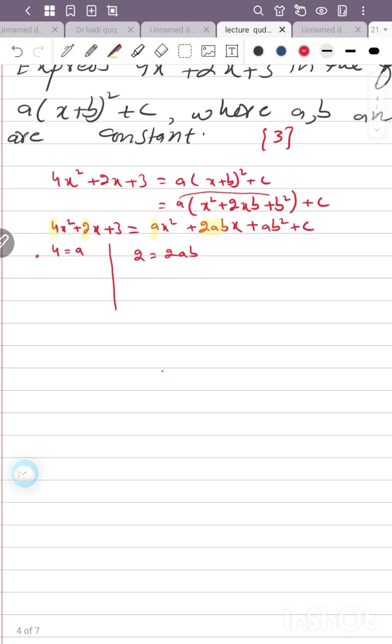And now what is the value of a? The a value is 4. We have to put 2 into 4 into b. So 2 equals 8b, 2 divided by 8 equal to b. The b answer is 1 by 4.